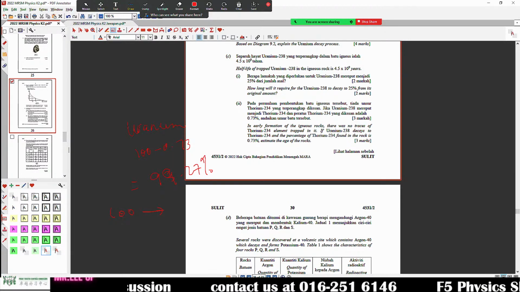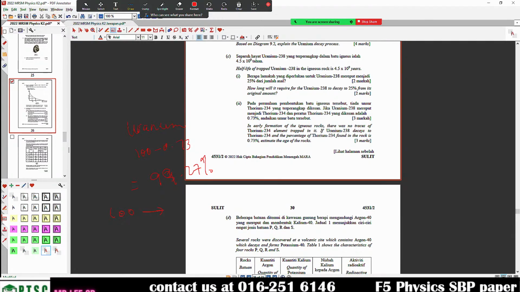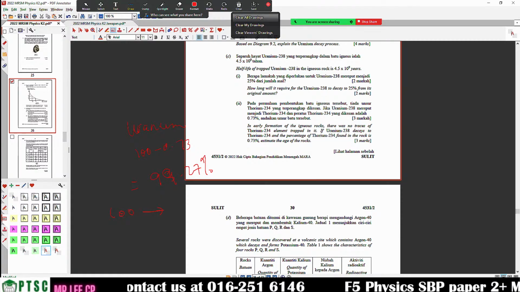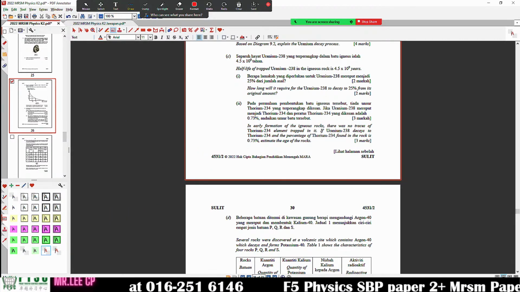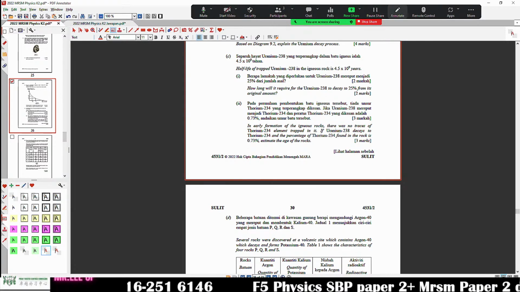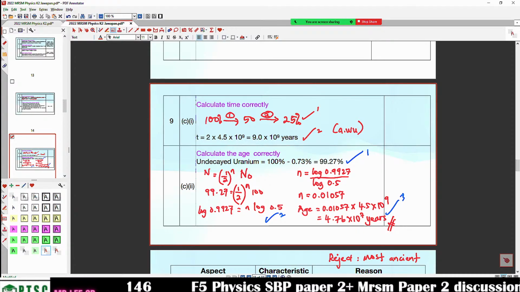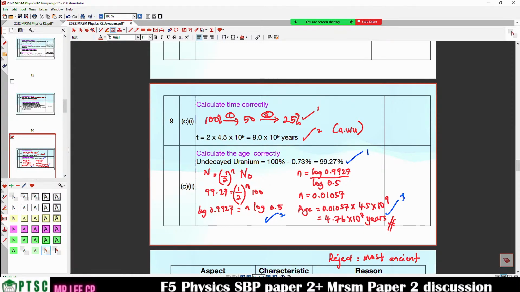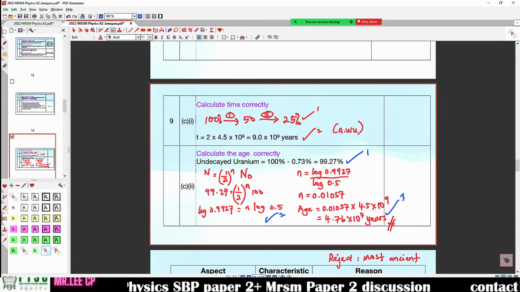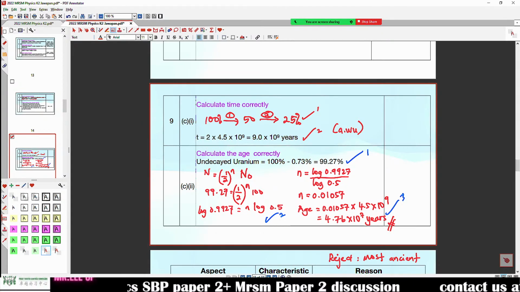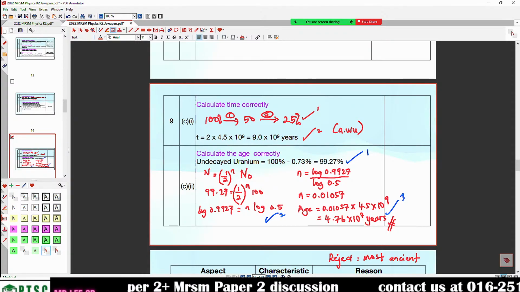Estimate the age. This one has to use formula, otherwise cannot calculate. You see, no choice. N is equal to half to the power of n, right? So subtracting down to 99.27 would take too long, like what I did just now.